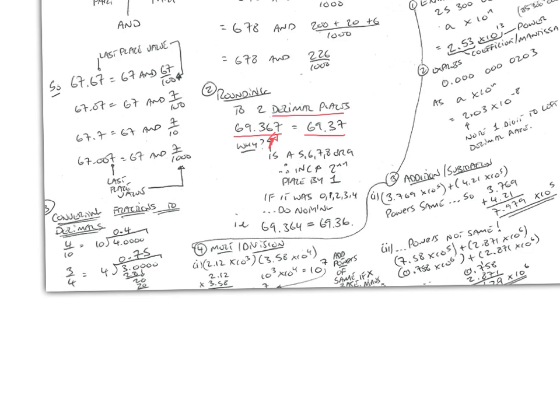If it's a 5, 6, 7, 8 or 9, then we increase the second place after the decimal point by 1. But if the third value is 0, 1, 2, 3 or 4, then we do nothing. So 69.364, this is a 4, so we do nothing to the 6, it's 69.36.